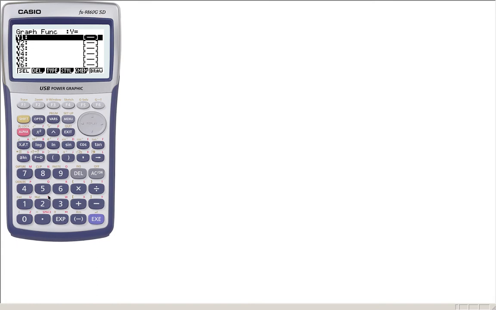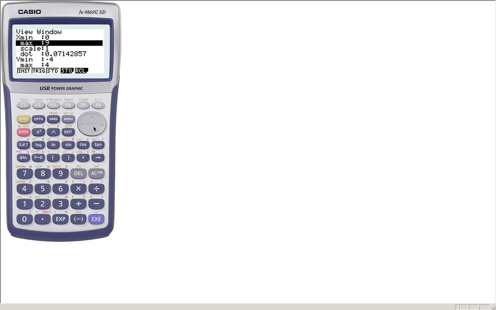Okay, the first one is 5 cos pi by 4x, or I can even write pi x divided by 4. So shift view window, let me have 0 to 9. Maybe I have to change the y.